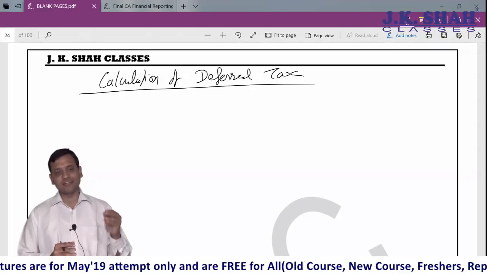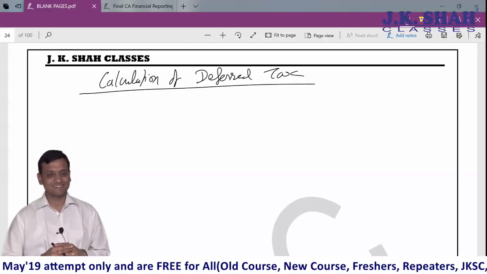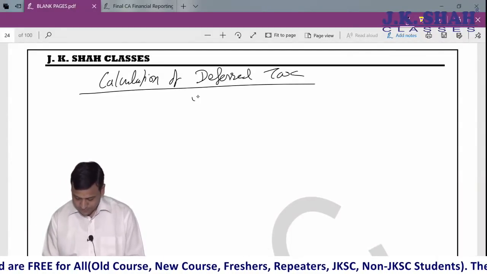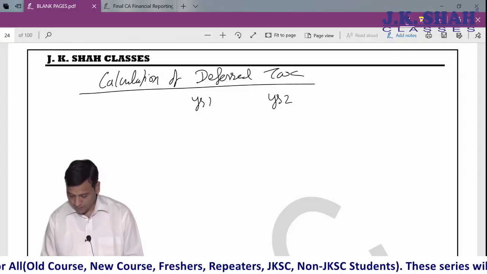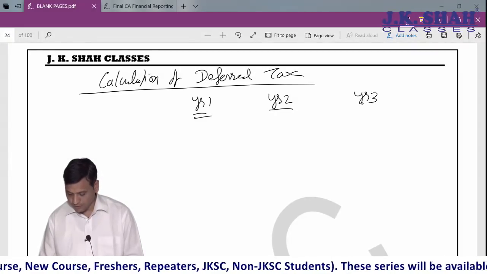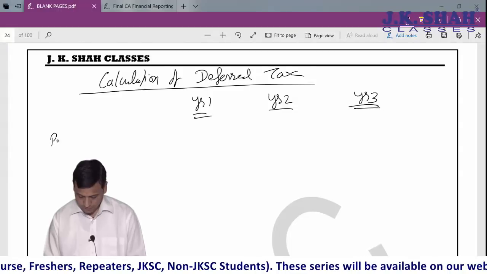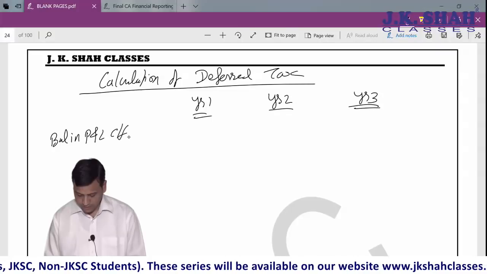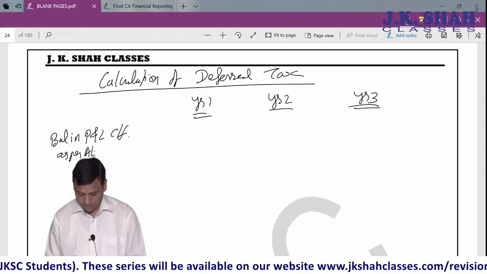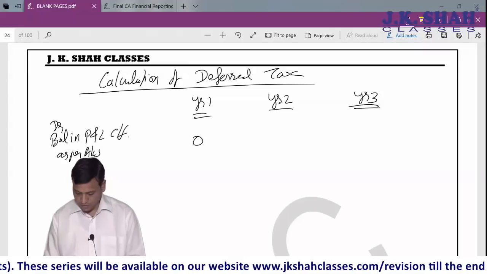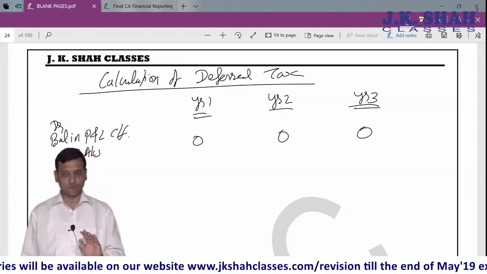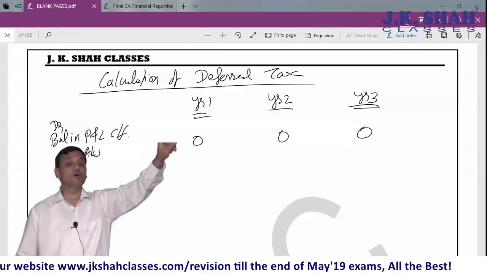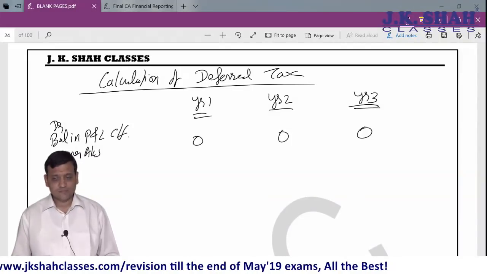So what I would say, that is nothing but my tax base. The amount that gets carried forward is nothing but the tax base. So year 1, year 2 and year 3. Balance in P&L carried forward as per accounts. Of course, a debit balance 0, 0, 0 means we don't carry forward. If there is any debit balance in accounts, what happens? That debit balance in accounts is cancelled off against reserves and surplus. So that debit balance is not there.